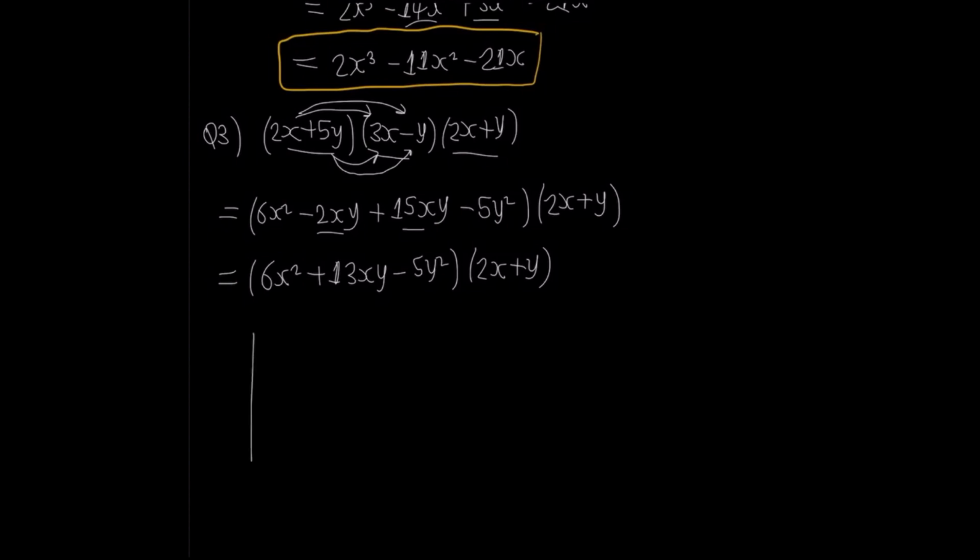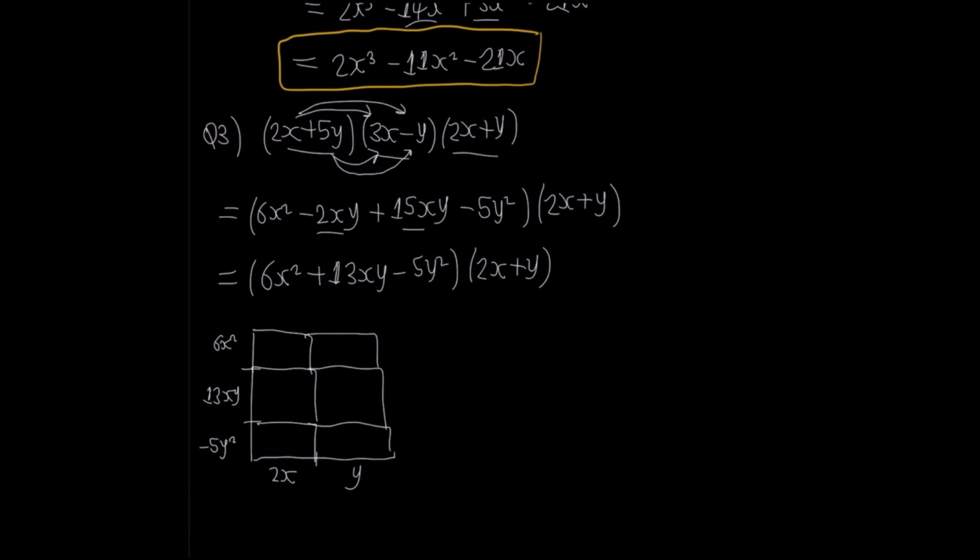If this was a rectangle, we'd split it into the 6x squared, the 13xy, and the minus 5y squared. Obviously this is minus, so it's kind of strange to think of it as a length, but the method still works. And then we just have the 2x and the y, and we're multiplying out all combinations of terms to get the area of the total rectangle.